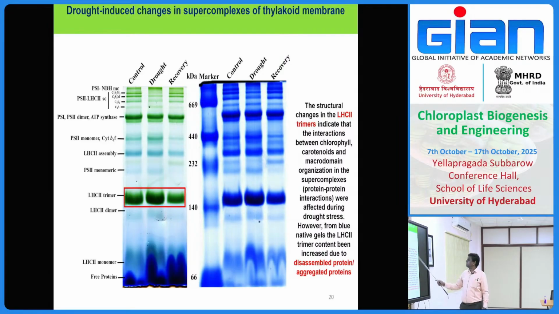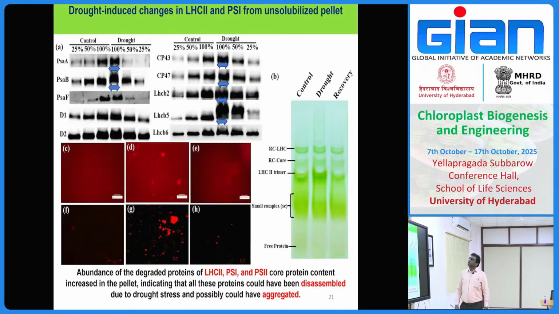Then further, what we did: you can see that the trimeric complex is also a little bit increased compared to control. And when coming back, these complexes change, which you can also see here. I said, aggregation. The proteins are getting aggregated.